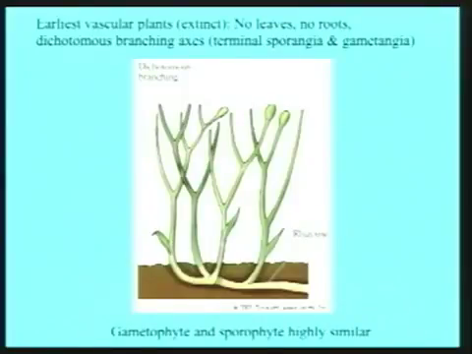The gametophyte generation and the sporophyte generation, the haploid and the diploid generations, are very, very similar morphologically. So we've gone from a gametophyte dominant life cycle in the bryophytes to a life cycle where the gametophyte and the sporophyte share dominance, where they essentially are on equal footing as far as the degree of elaboration of these two generations.